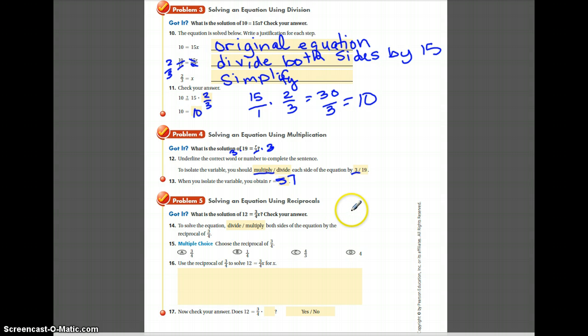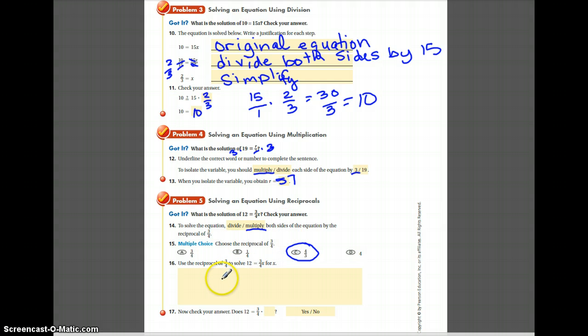Problem 5, 12 equals 3/4 x. To solve the equation, you should multiply both sides of the equation by the reciprocal of 3/4. The reciprocal of 3/4 is 4/3. Reciprocal means you turn it upside down, so that's 4 over 3.